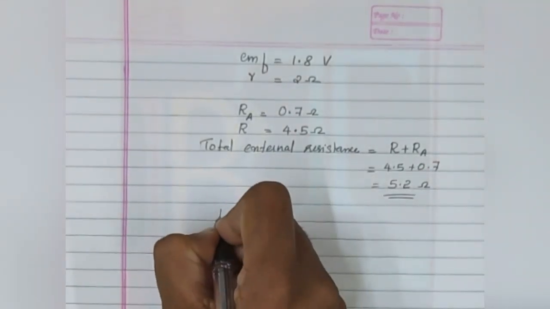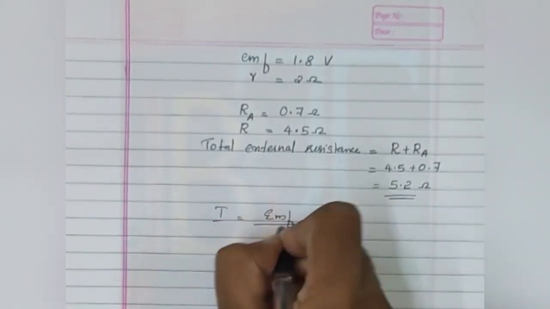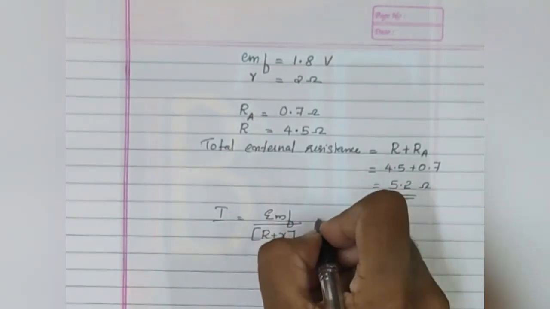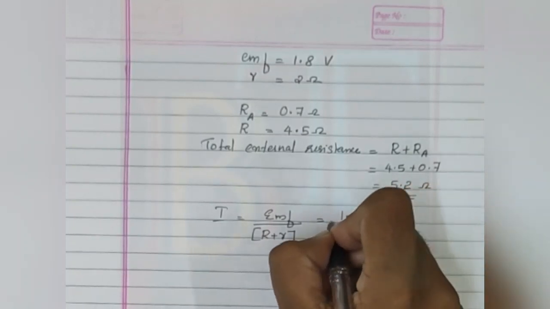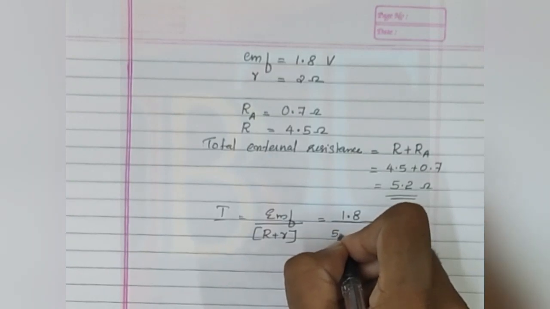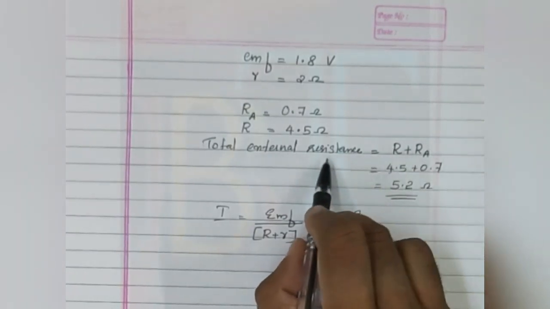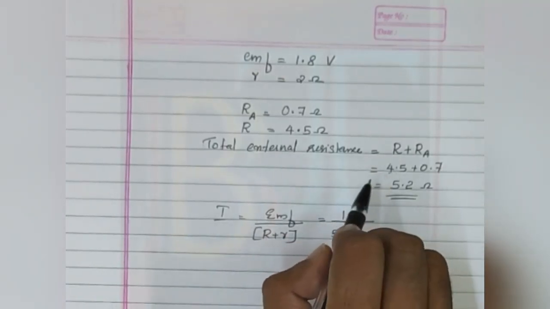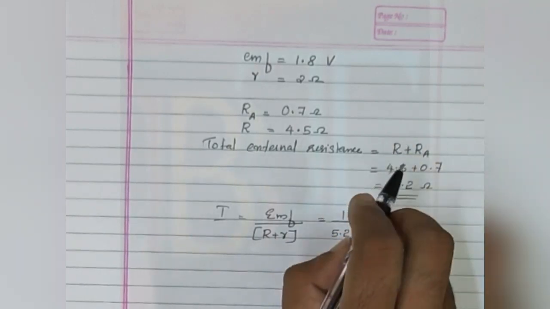Now we know the equation, current is equal to EMF by external resistance plus internal resistance. So here 1.8 by external resistance 5.2. We have added here because it is given in the question that the ammeter is connected in series. For series connection, effective resistance is the sum of the resistors.